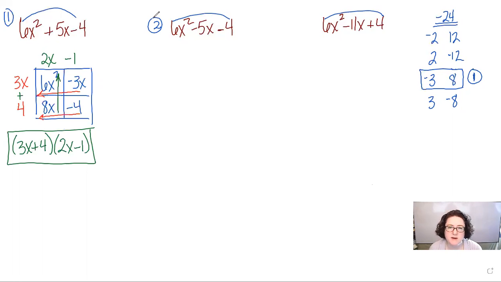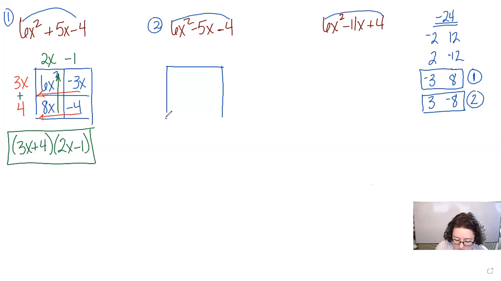Okay, number 2. In our second example, we have the same factors, but a different sign in the middle. Now we have a negative 5x instead of a positive 5x. So for number 2, we're actually going to use the other combination that we brainstormed, the 3 and the negative 8, because if I add those terms together, 3x plus a negative 8x gives me a negative 5x. My setup is going to be very similar.